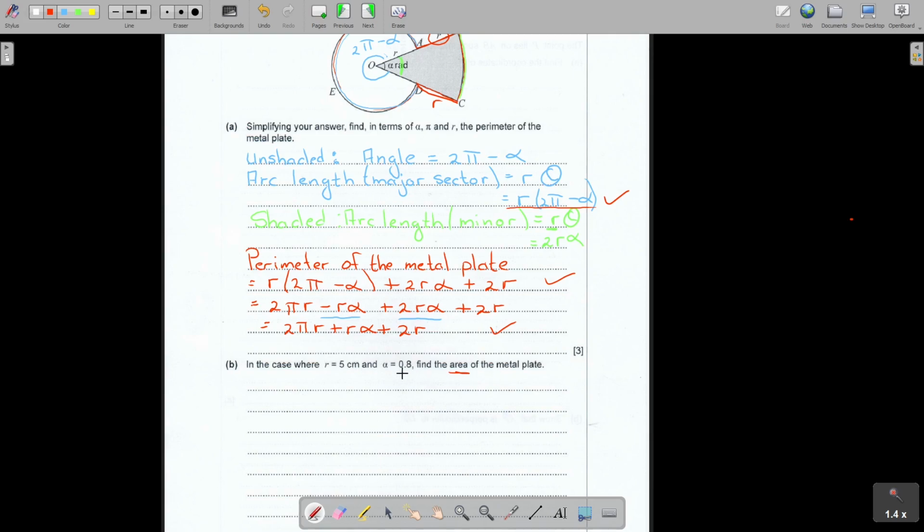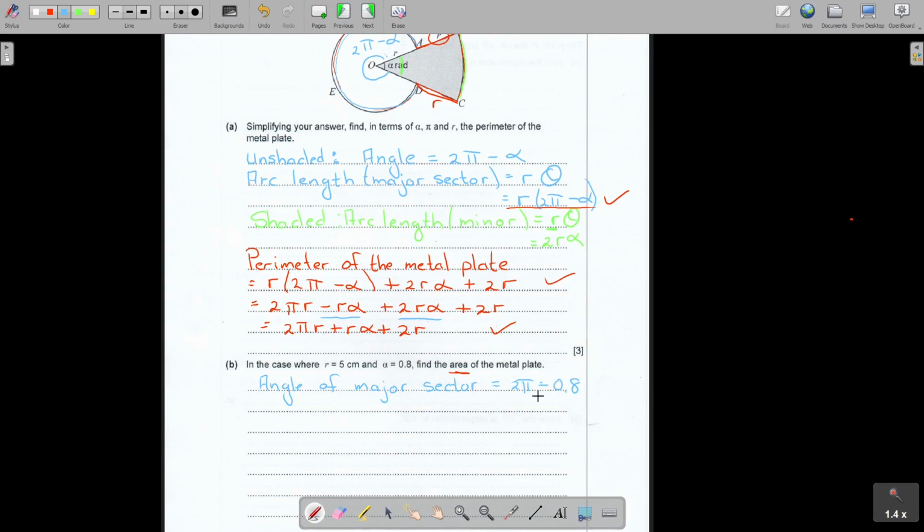I have alpha, so don't forget, and I just want to start by saying the angle of the major sector, and that's going to be 2 pi, remember it's a round, but then just minus that 0.8, because I gave you now the angle, the alpha, it's 0.8.